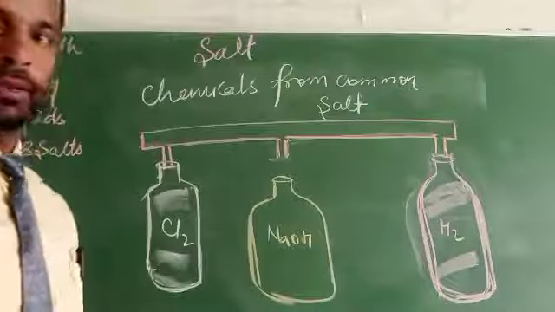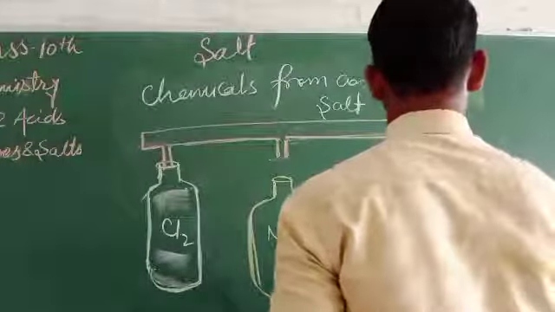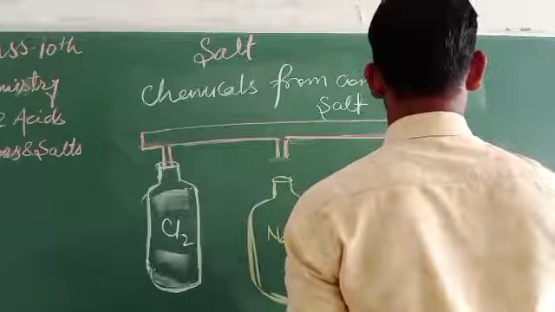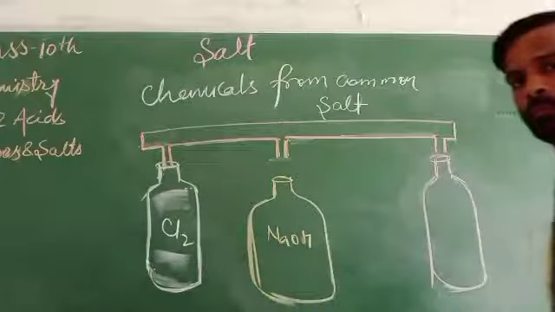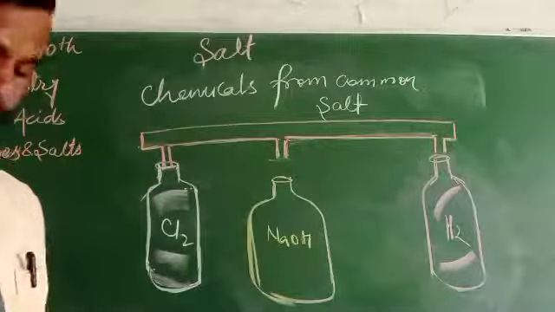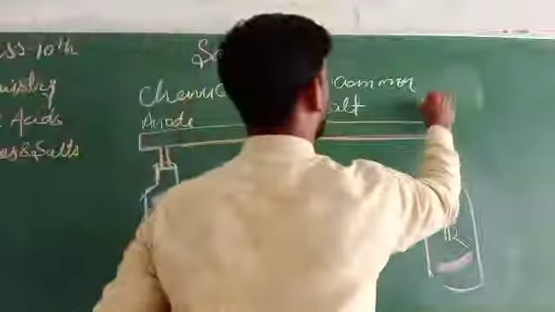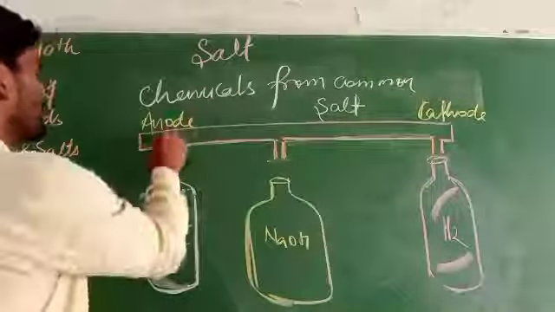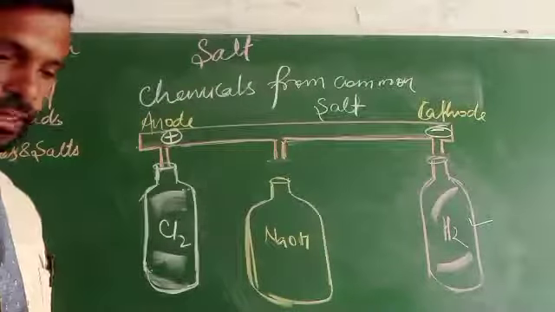When electrolysis is carried out, at the anode there is chlorine, because it is the positive terminal, and at the cathode, because it is the negative terminal, hydrogen is collected.